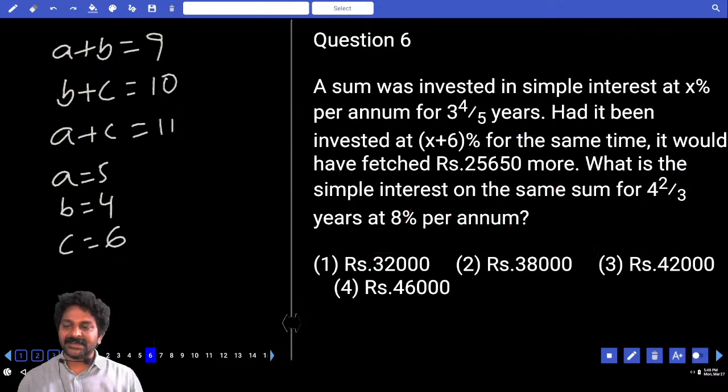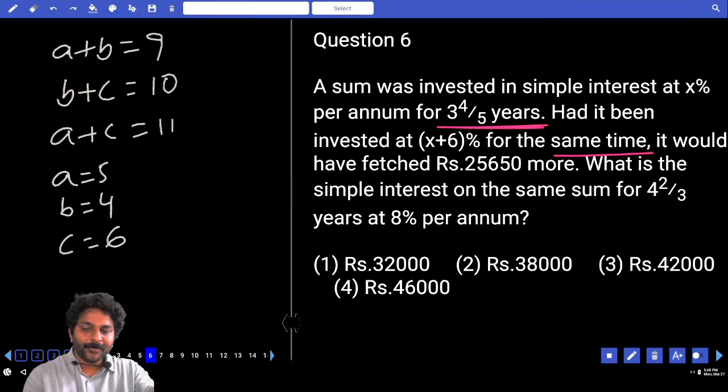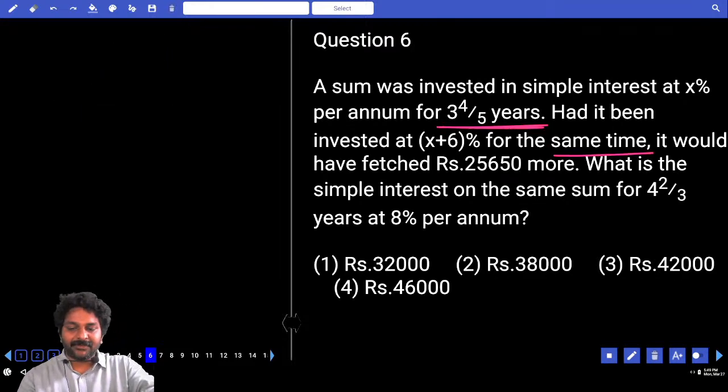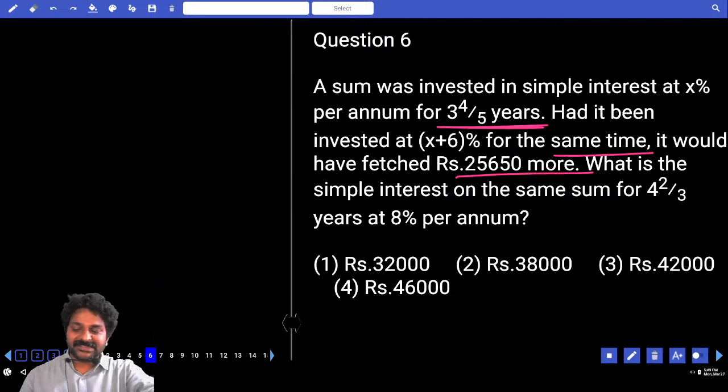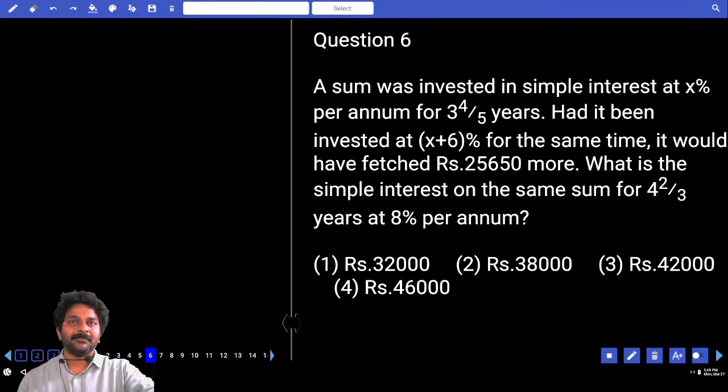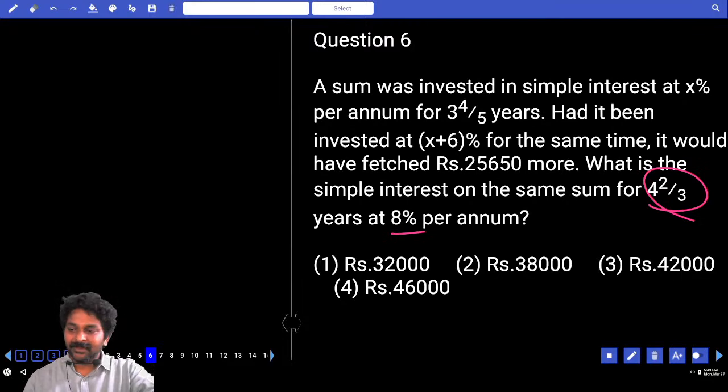A sum was invested in simple interest at X% per annum for 3 4/5 years. Had it been invested at X plus 6% for the same time, meaning 3 4/5 years, it would have fetched 25,650 more. What is the simple interest on the same sum for 4 2/3 years at 8% per annum? Okay. 8% per annum for this much time, 4 2/3.